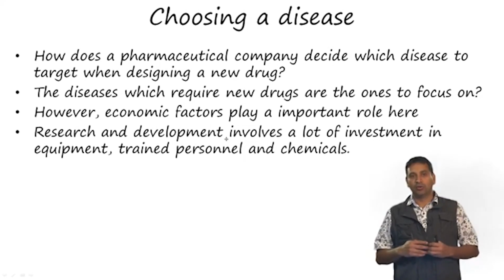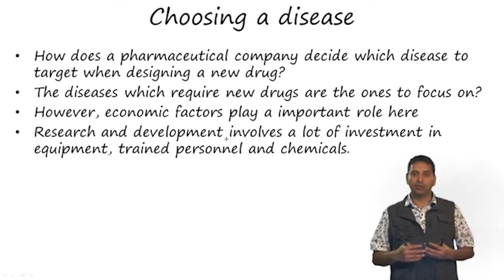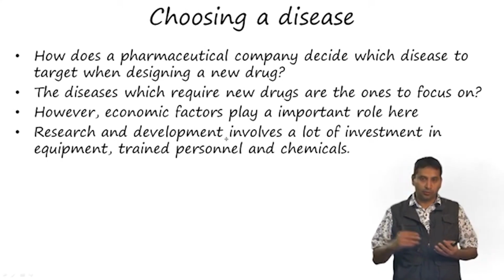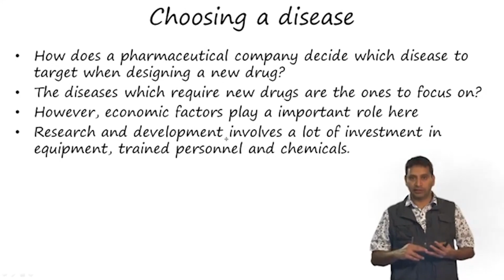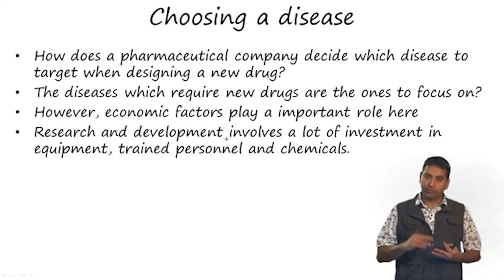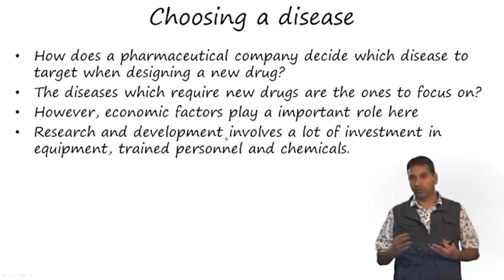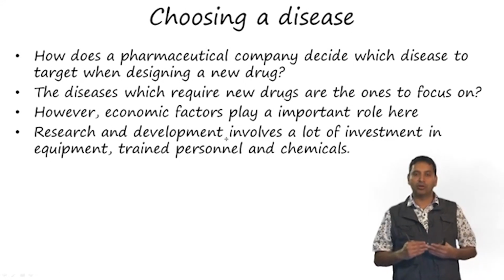Okay. So, of course, drug discovery costs a lot of money. We need to figure out how to synthesize molecules, how to test them, what kind of testing regimen we want to resort to, and there are many aspects to research and development in the pharmaceutical industry which require a substantial amount of financial investment.